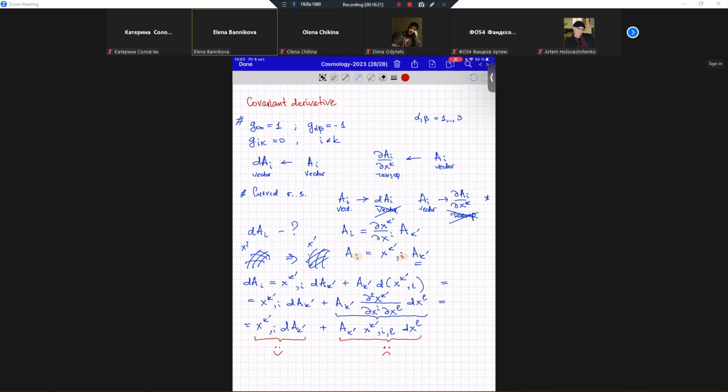And since we want the laws of nature to be the same for any reference system or coordinate system, we want to write it in tensor form.